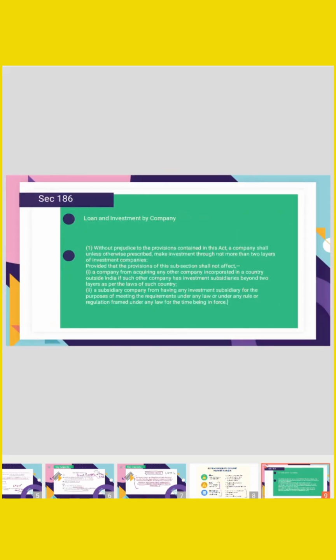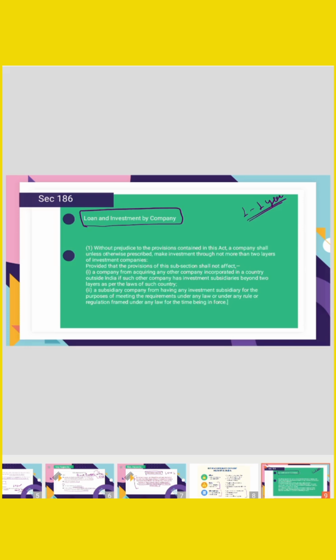Now coming to the most important section, section 186 of the Companies Act, the heading of which is loans and investment by a company. So one thing I need to clear out: intercorporate deposit, whatever we have studied till now, is more of a money market instrument, like 1 day to 1 year, that has been a market practice for an ICD.